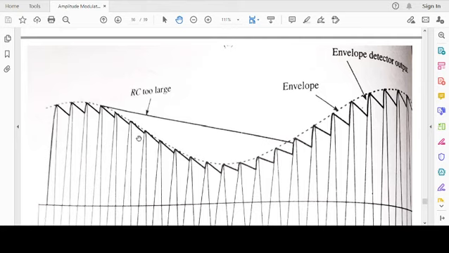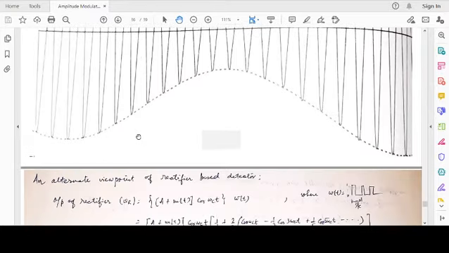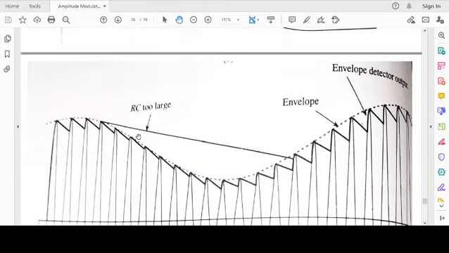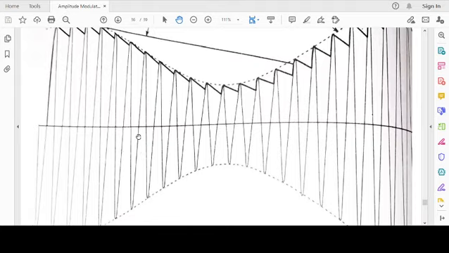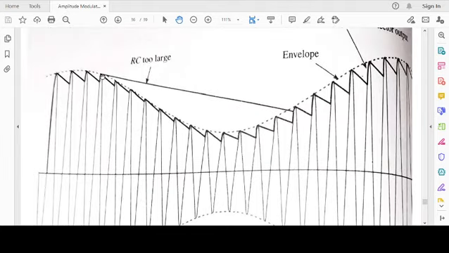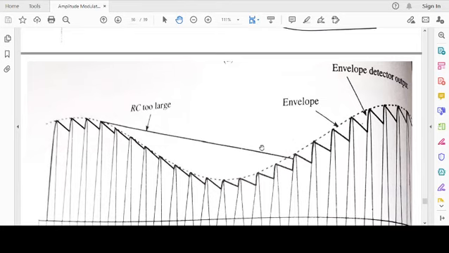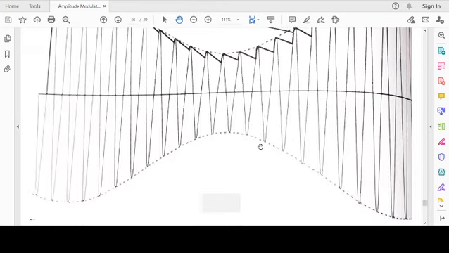If RC is too small, then it would be just the opposite. It will be like this, again like this, again like this, and so on and so forth. So you want RC to be appropriate such that it tracks this envelope and provides the envelope detector output.